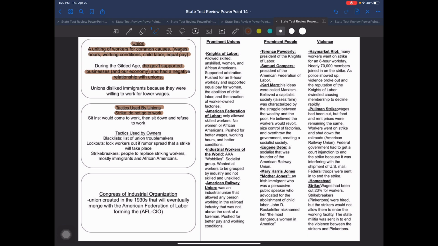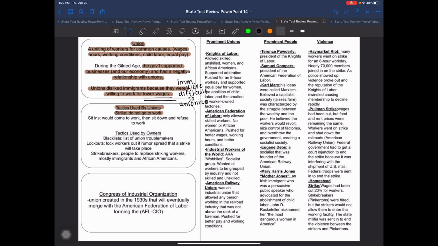Now, this last little note right here in this first box: unions didn't like immigrants. As we discussed earlier, traditionally, immigrants are willing to work for lower wages. I think it's also important to note that another reason why unions disliked immigrants is because immigrants were difficult to unionize.